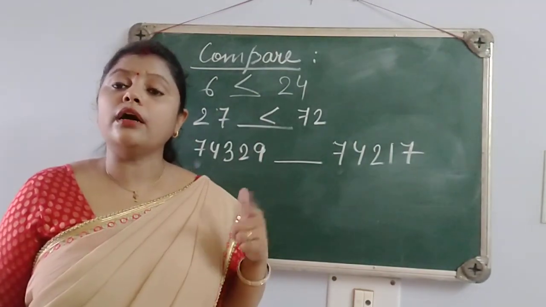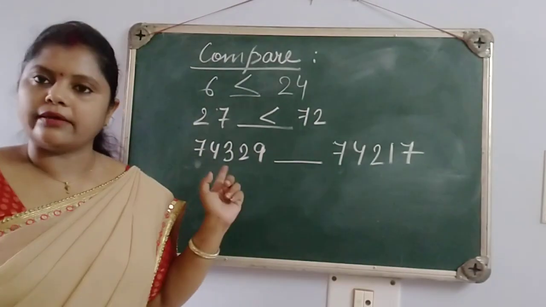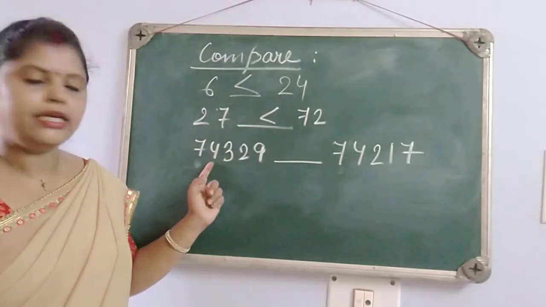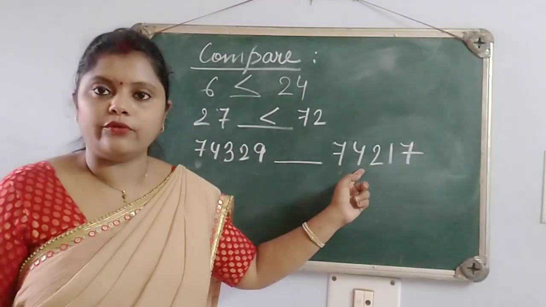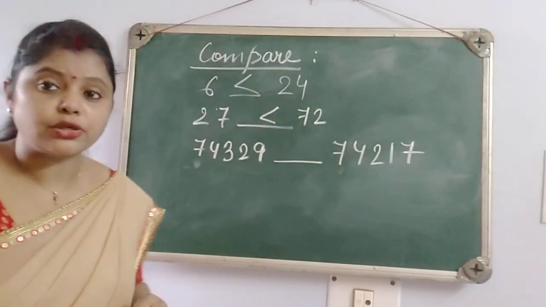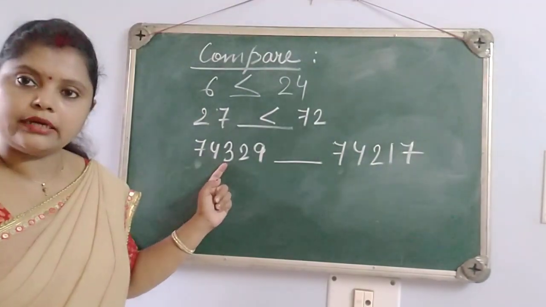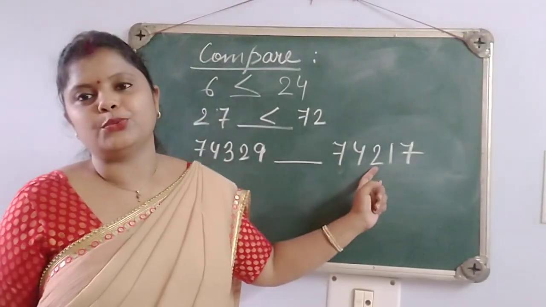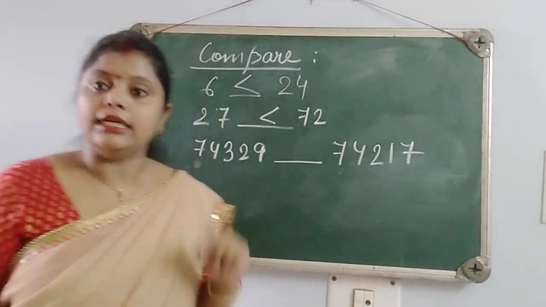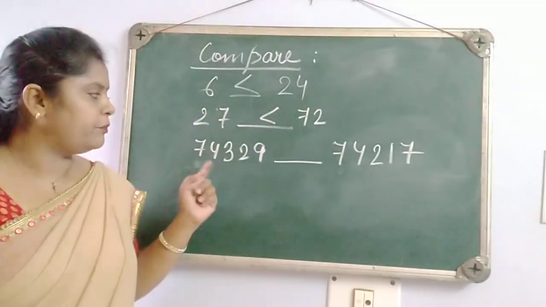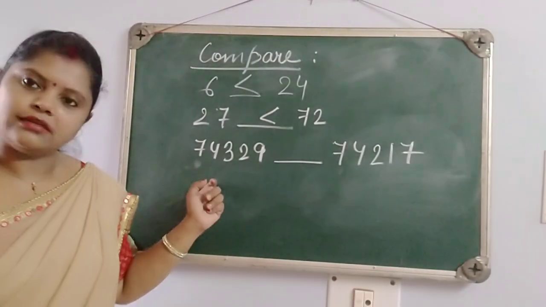We will move to the next digit. The first number is 7. In the second number, now see, it is 4 and here also we get 4. The problem has still not been solved. Come to the third digit. It is 3 here and it is 2. So which one is greater, 3 or 2? Exactly, 3 is greater. So it means that the number written on this side is greater.